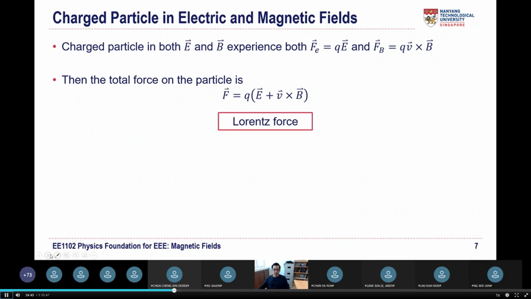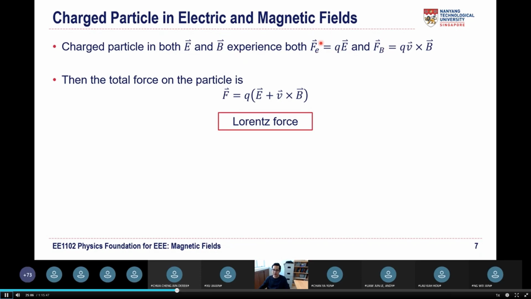So what if we have both an electric field and a magnetic field in the system? Then you have a charged particle, and it will be experiencing both the electric force, which is due to the electric field, as well as the magnetic force, which is due to the magnetic field.